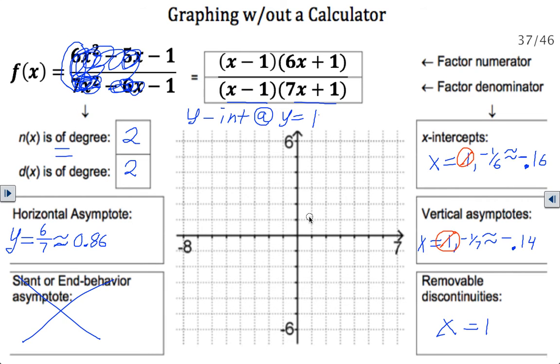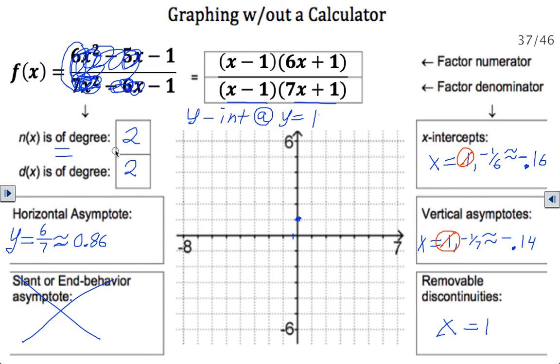Let's go ahead and label what we've got. So we have a y-intercept at 1 and an x-intercept, excuse me, at -0.16.